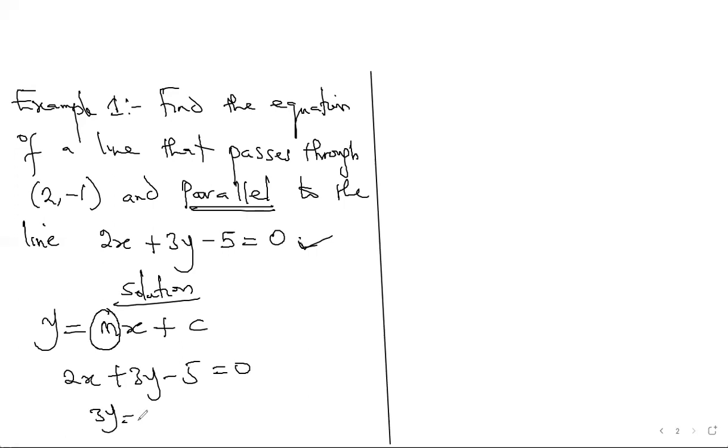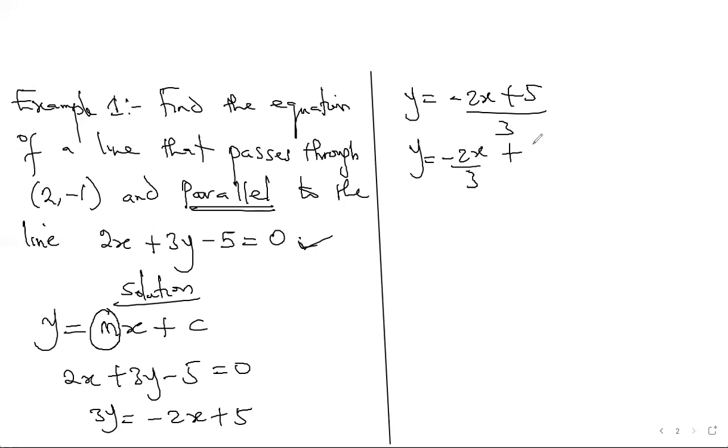So 3y will be -2x + 5. If I divide both sides by 3, y will be (-2x + 5) over 3, which I can write as -2x over 3 plus 5 over 3. I can split that. So clearly I can see the gradient coming out, because that is the coefficient if I compare it with the general form of the equation.